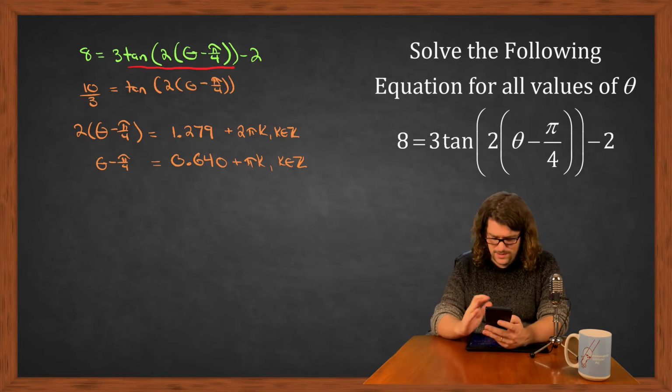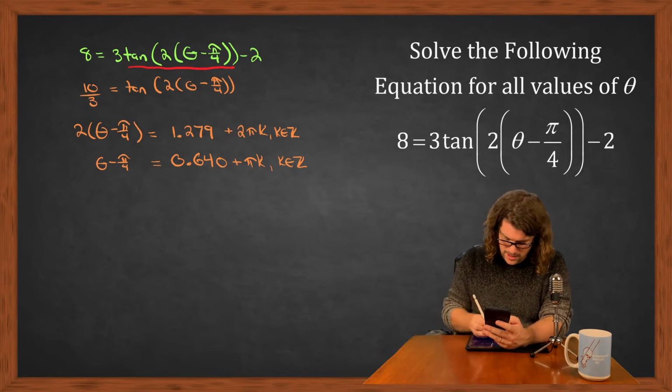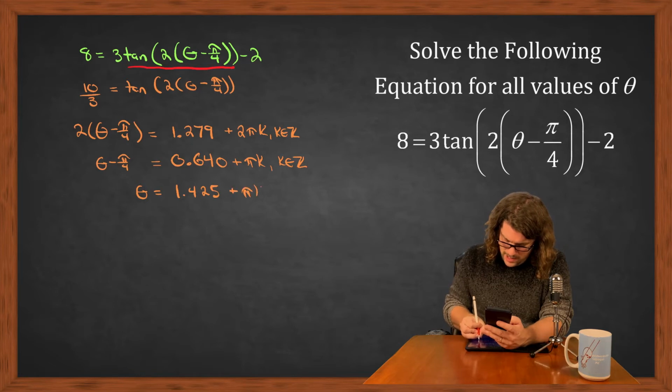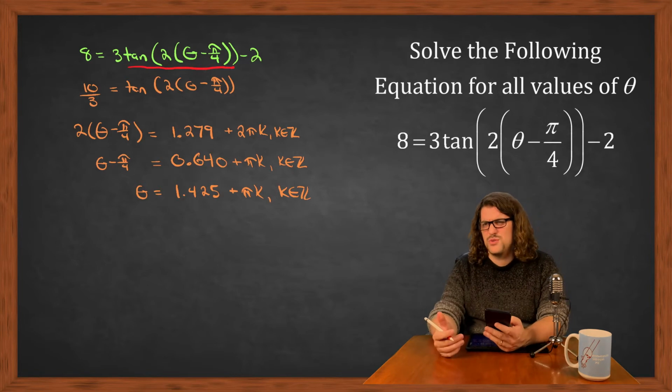And I'm going to add that to both sides of my equation. If I add that to the 0.640 and I round it to that same thousandths place, I'm going to get that theta is equal to 1.425 plus pi k.